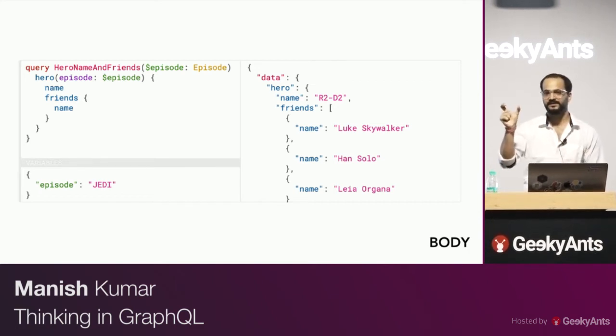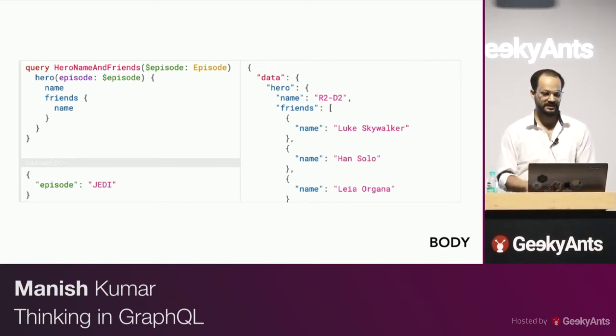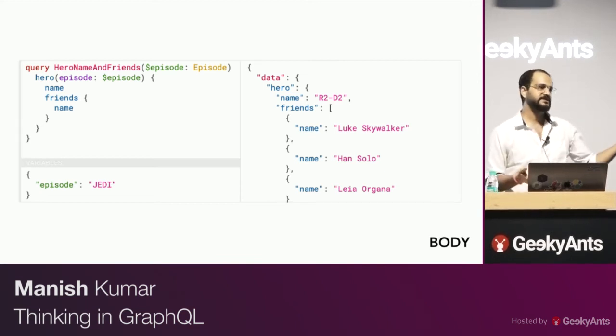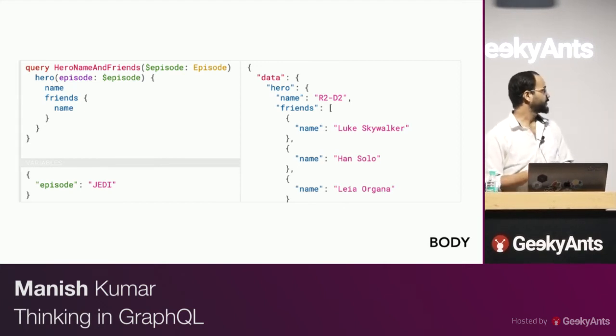You'll pass it with an ID, with some comment or whatever the post message is. A similar thing you can do with variables here. The variable here is JEDI, and you pass it. So variables are true for obviously query as well as mutation. So you can pass it inside your query for hero.